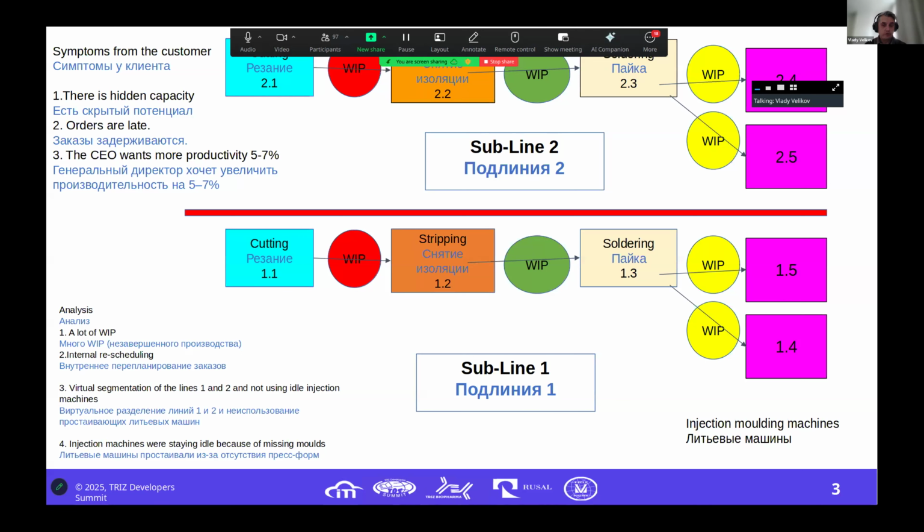From the analysis, my first symptom was that they have a lot of WIP, a lot of work in progress, which according to Little's law is not good and could be a reason for late orders. The second symptom was that they are doing internal rescheduling.